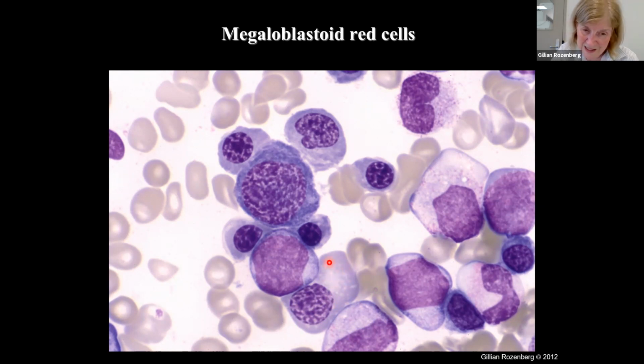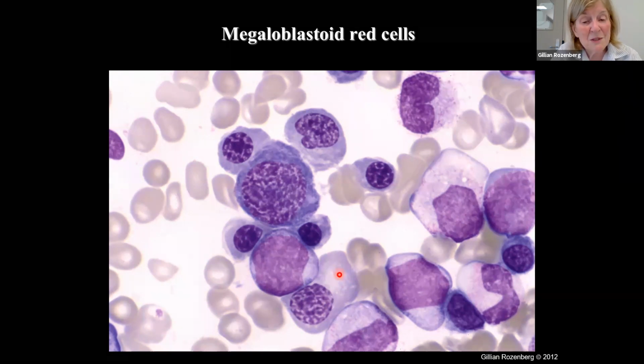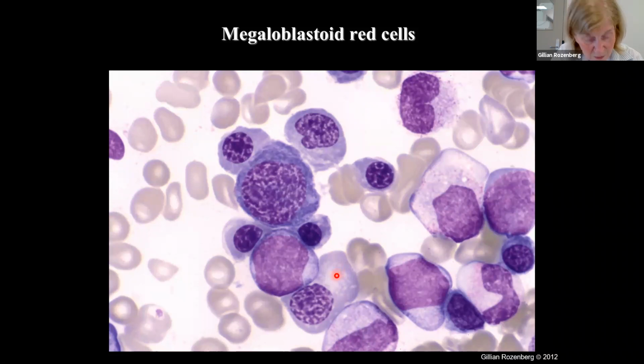So the two are not synchronized, and this is what we see in megaloblastic anemia, but this patient doesn't have B12 or folic acid deficiency. So this is showing dyserythropoiesis, and we talk about this as being megaloblastoid changes.